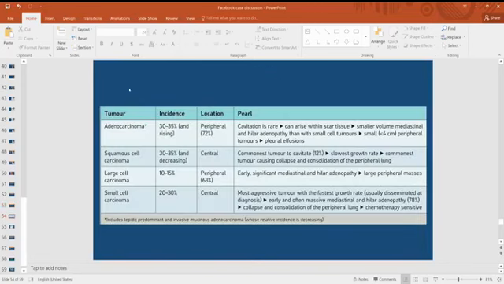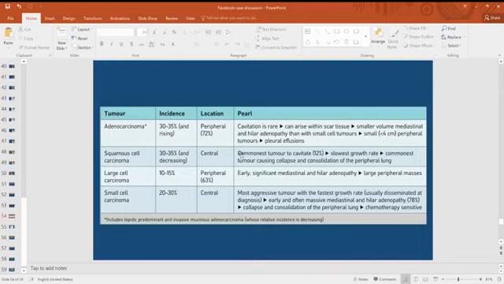Here we have the types of lung cancer. Adenocarcinoma constitutes about 30 to 35% and is peripheral. Cavitation is rare, it can arise with scar tissue, and it is a small tumor less than 4 centimeters.